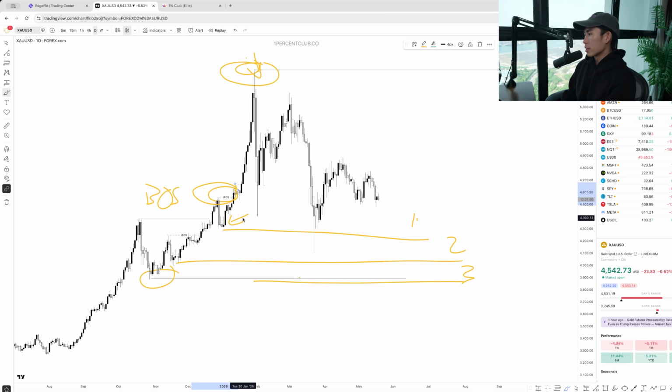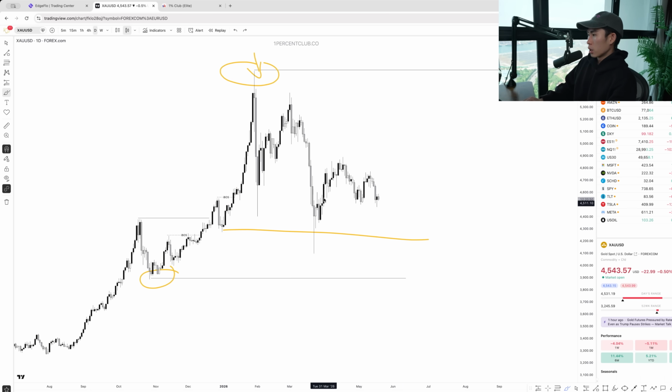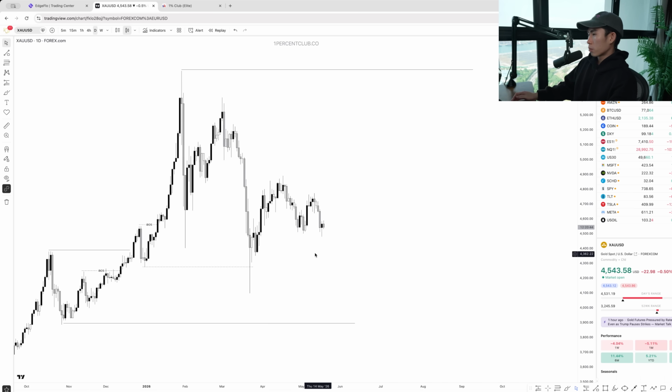So by definition, this is the most recent internal low. Okay, so the internal low is situated at number 1 right here. Let's get rid of all of those markings, and I will map that up as my internal low.